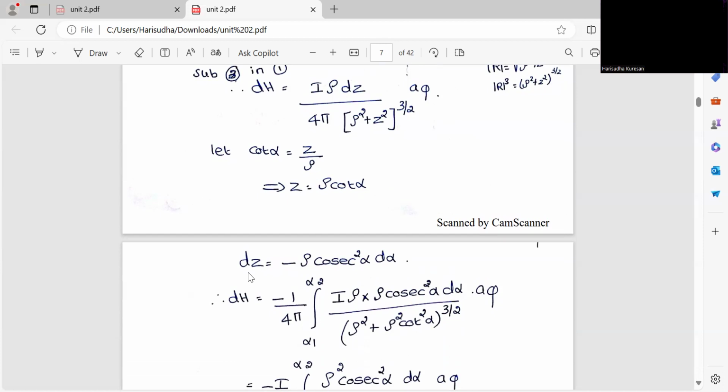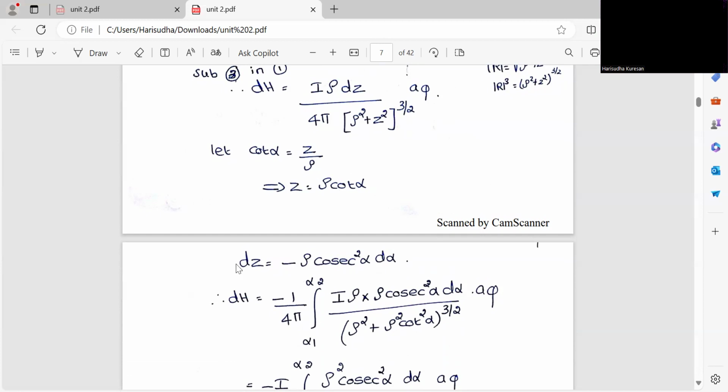Therefore, I'll get dz is equal to, for cot alpha, the differentiation will be minus cosecant square alpha. So I'm just doing differentiation with respect to z and alpha. For z, it is dz, and for cot alpha, it is minus cosecant square alpha. So this rho will remain the same. Instead of cot alpha, I'll get minus cosecant square alpha d alpha.